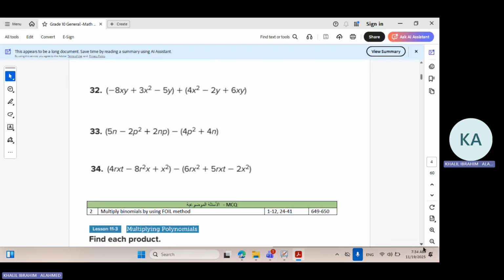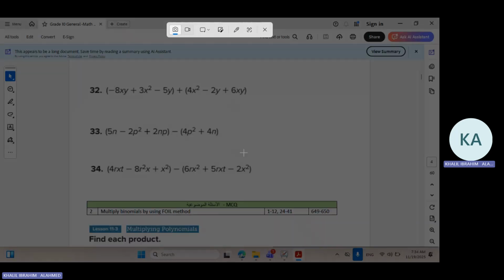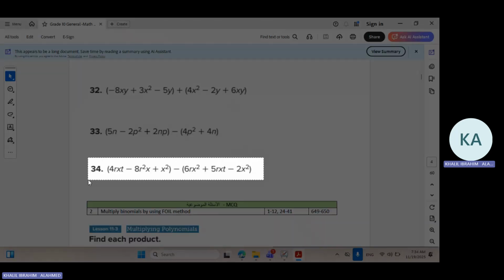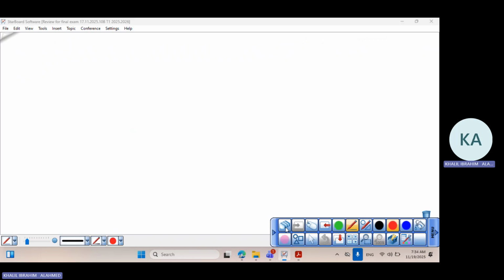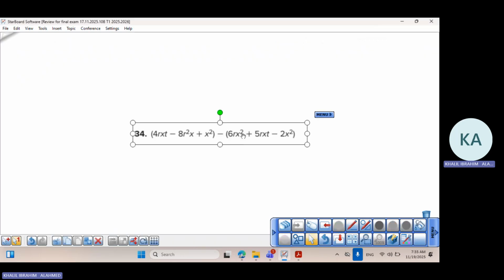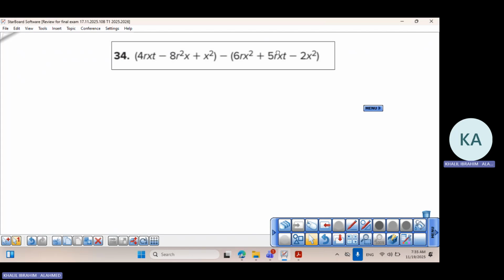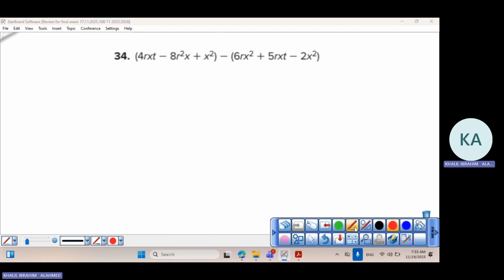Here, maybe we can take the last question: how to subtract two expressions, as you see in this question. How to solve this? It's easy, but here it is different from the last two questions. The sign here is minus, subtract.